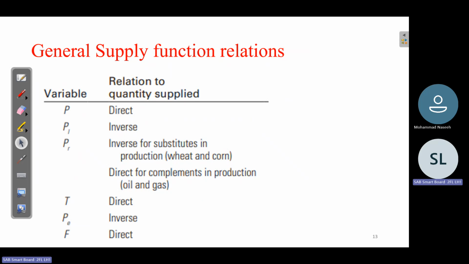As a supplier, would you supply today or tomorrow? If the price is going to increase tomorrow, you supply tomorrow. When there is an expectation that prices will increase, supply will be decreased. When there is an expectation to decrease the price tomorrow, supply will be increased.